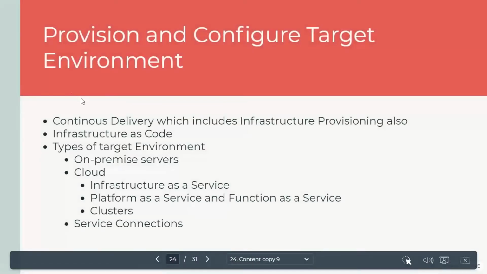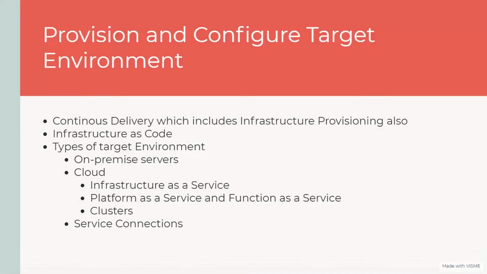So the next one, provisioning and configuring the target environment. The provisioning we can call infrastructure provisioning. For example, if you are deploying, it could be any environment, based on the project.